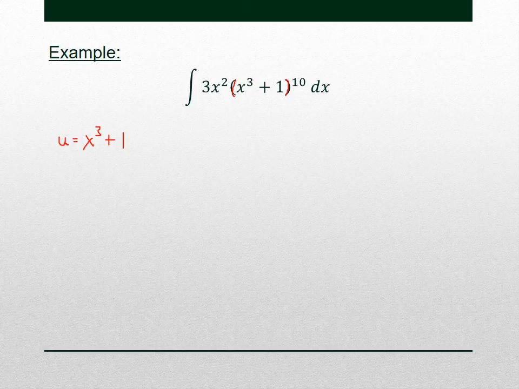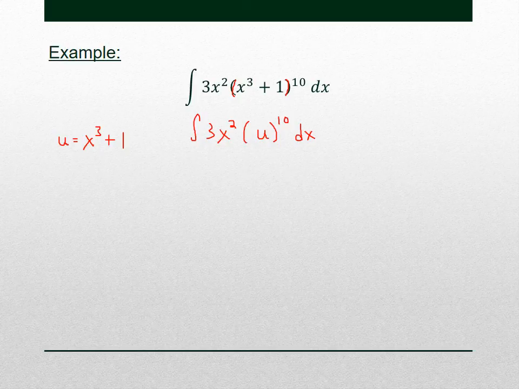Then, where that x cubed plus 1 is, we can substitute in a U. When we do that, we'll get the integral of 3x squared, we can't change that, we don't know anything about it, but then this will be U to the 10 dx. So we substitute in that U is x cubed plus 1, and we get a U to the 10.